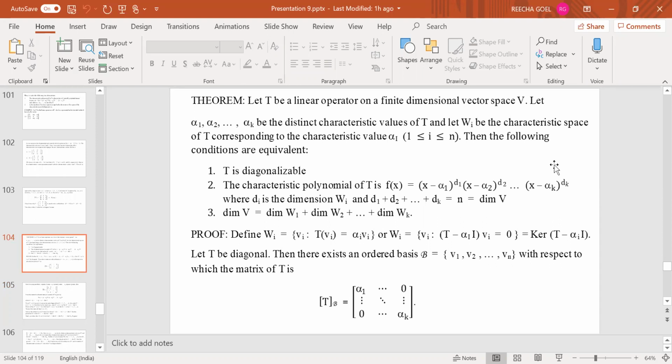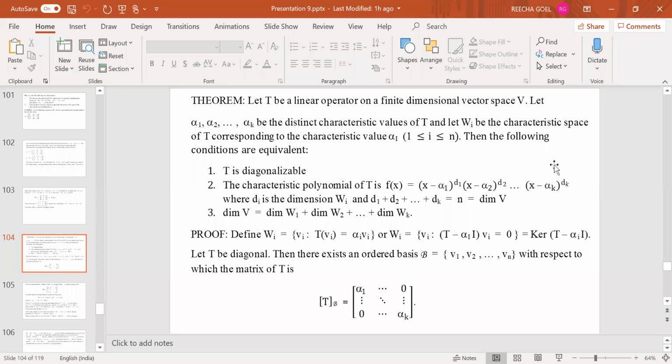Let T be a linear operator on a finite dimensional vector space V. Suppose alpha 1, alpha 2, ..., alpha k are the distinct characteristic values of T. Remember, again, I am taking V to be n dimensional; I will mention this later on. Here k is less than or equal to n.